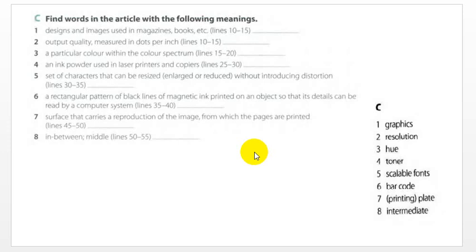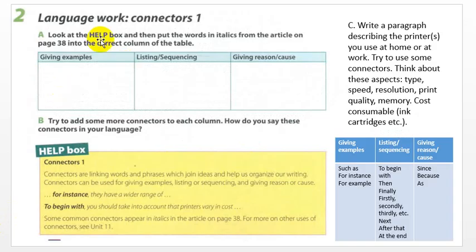Number 7, a surface that carries a reproduction of the image from which the pages are printed, that is a printing plate. In between or middle, it is called intermediate. Okay, let's go ahead. Here we have connectors.